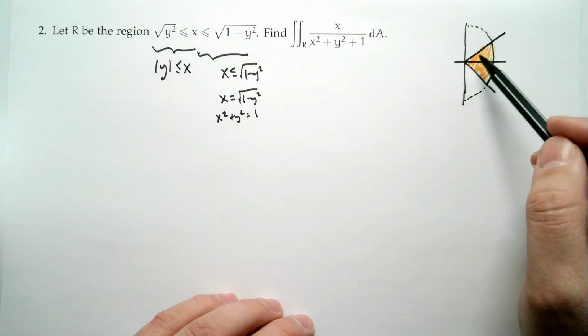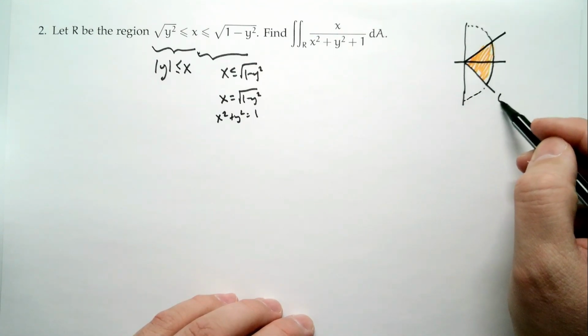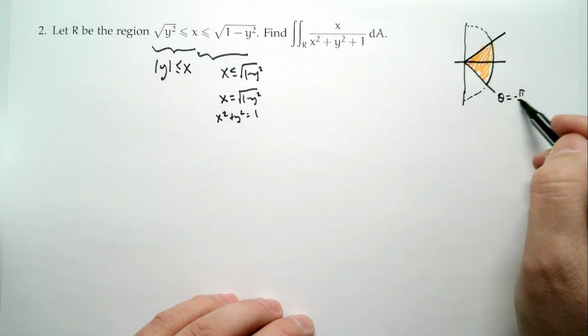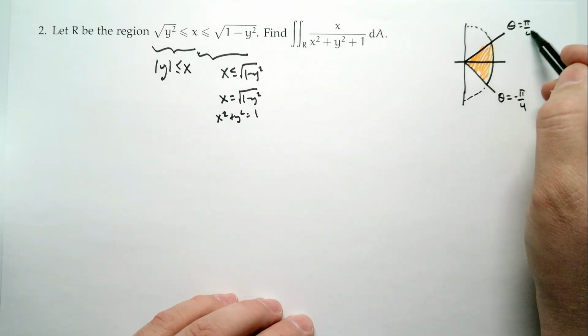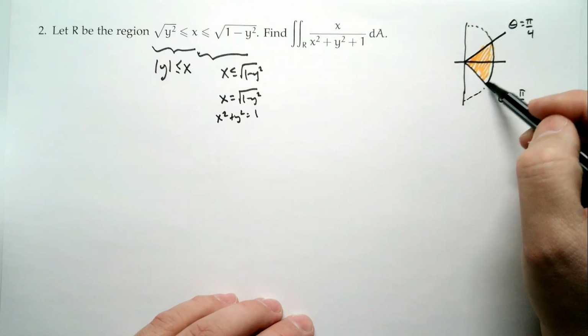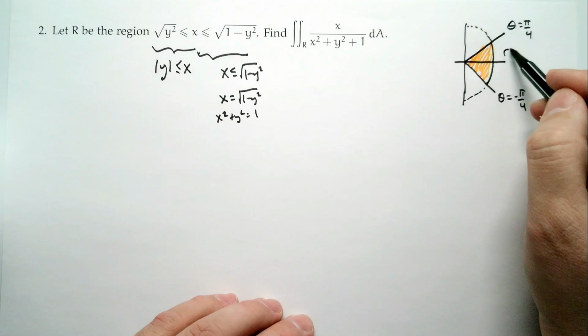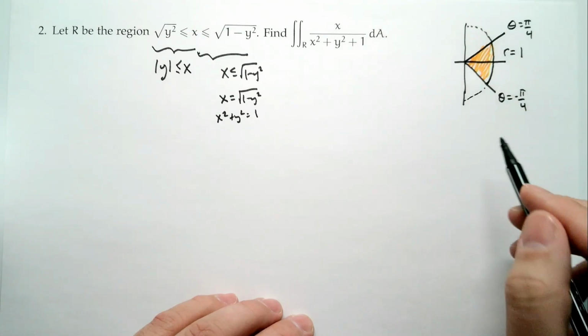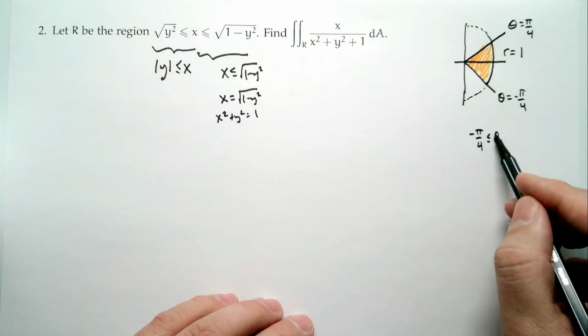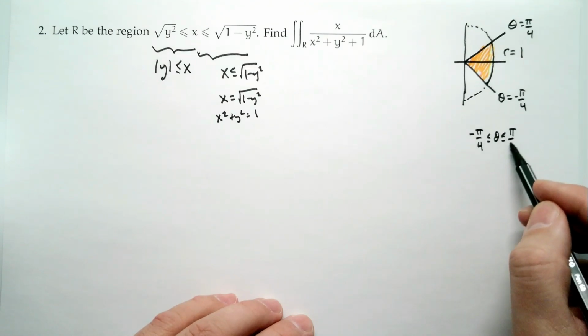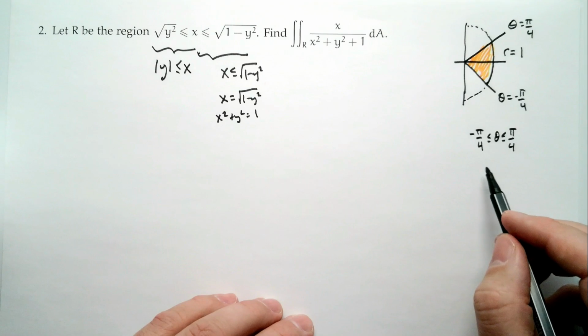If you look at the angles here, you have this angle coming down is negative pi fourths. This angle coming up is positive pi fourths. And this circle here, that's the unit circle, that's the circle r equals 1. So in polar coordinates, this is a very easy region to describe. In fact, much easier than it is to describe in rectangular coordinates.